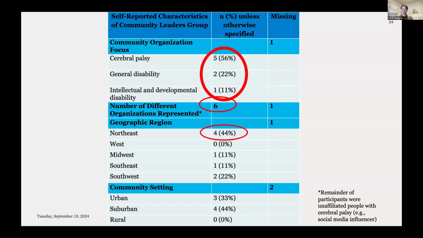A fair amount of participants from this group were based in the Northeast. And again, unfortunately, we did not capture anyone from a rural community.